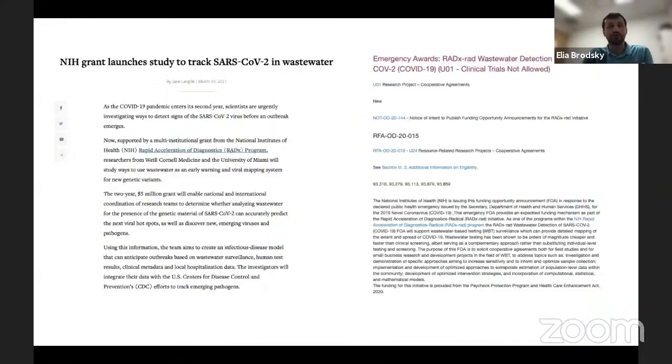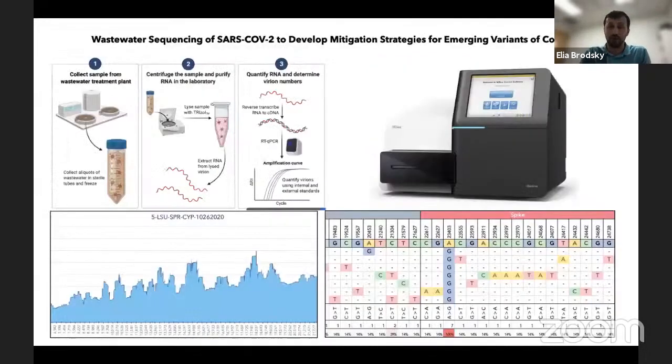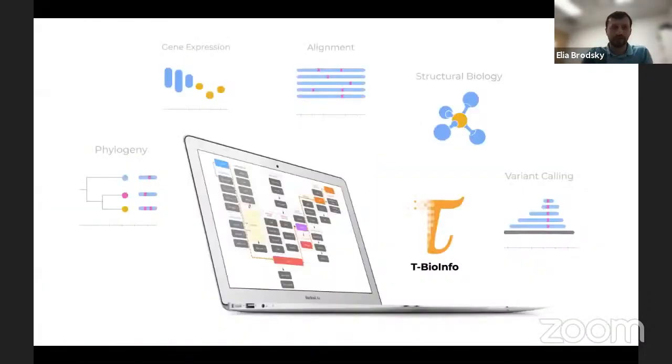We'll study specific types of protocols that will give us a better sense of how data is generated and what types of steps are needed to use that data in a meaningful way. And then we'll go through some examples of wastewater sequencing and other types of sequencing, and what the sources and the outcomes are for each type of study.